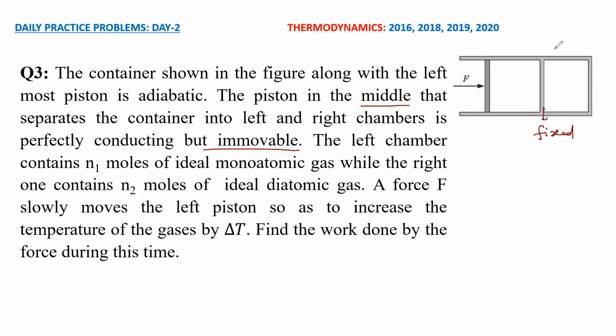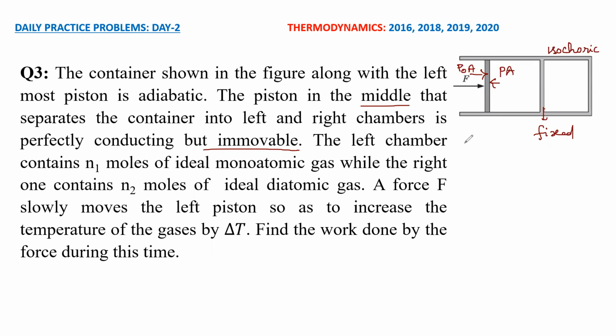So the right side gas undergoes an isochoric process, or constant volume process, and the left side piston has P0 into its area acting, and F also acting from the left side. And from the right side, the pressure of the gas into area will act.